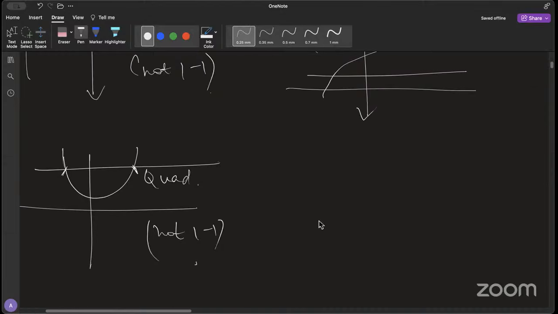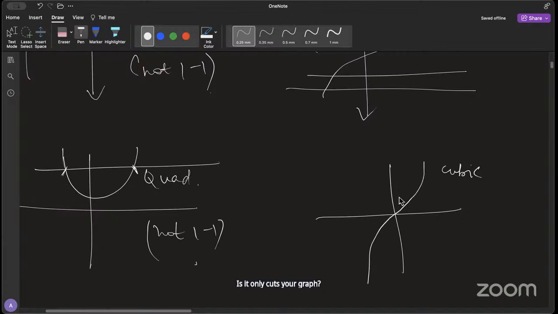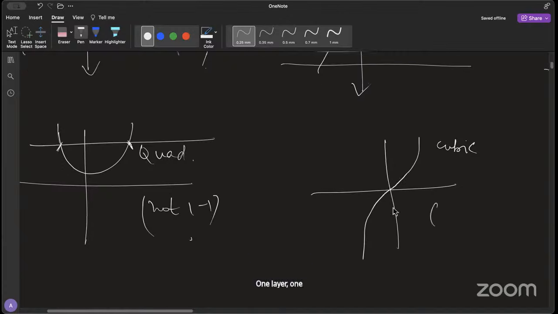And if you look at the cubic one, it's like this. This is also one-one, because it only cuts your graph at one place. One here, and one here.